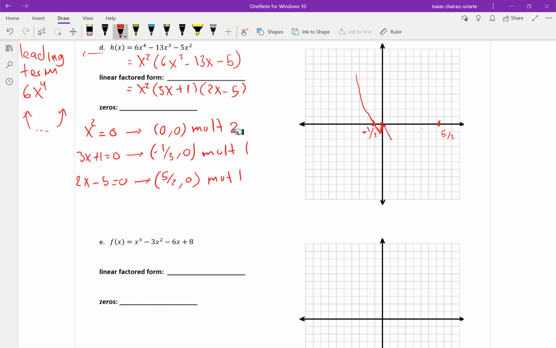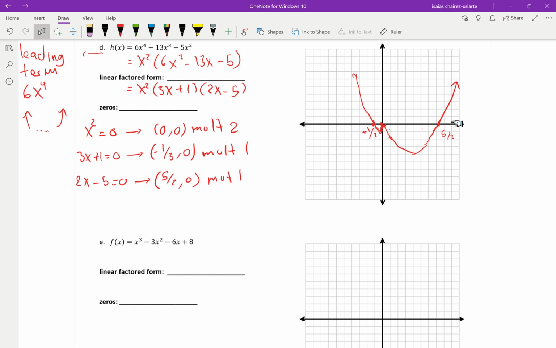And then it does something down here and it crosses the x-axis at 5/2 because 5/2, 0 has multiplicity 1. So I cross the x-axis at negative 1/3, I bounce off of the x-axis at 0, and I cross the x-axis at 5/2. Again, this is probably a very ugly little sketch, but this is what's going on with my polynomial.